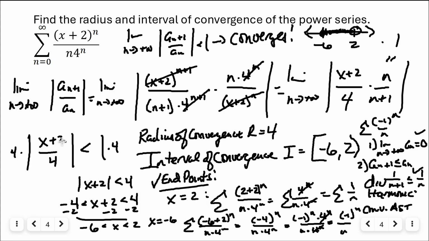And then you solve that absolute value inequality. It gives you the interval of convergence, but then you have to test the endpoints, because there's no guarantee that the endpoints make it converge. When you substitute them in, it's giving you 1, and the ratio test fails at 1. All right? That's how this whole thing works.